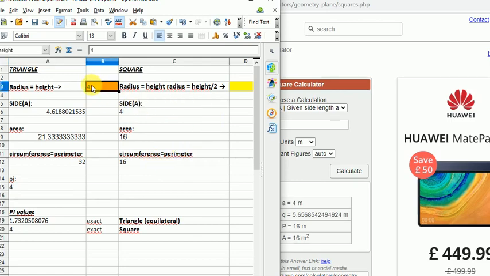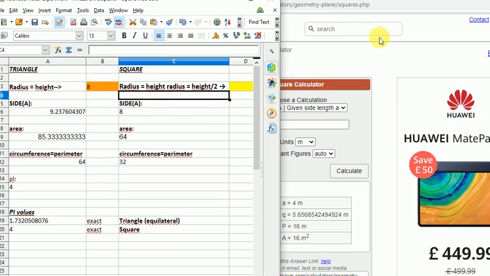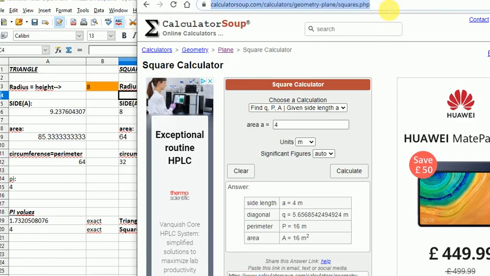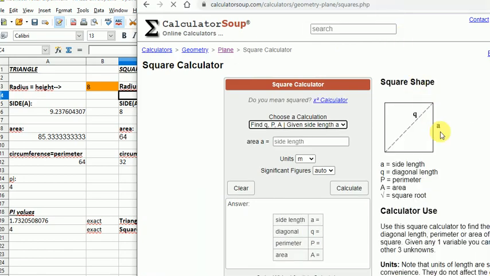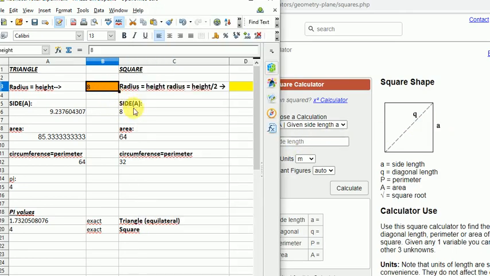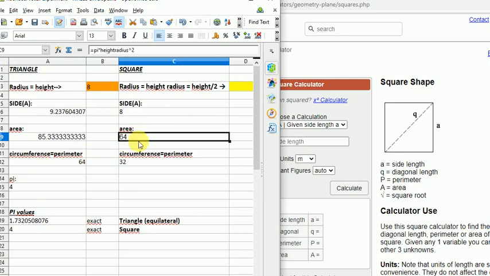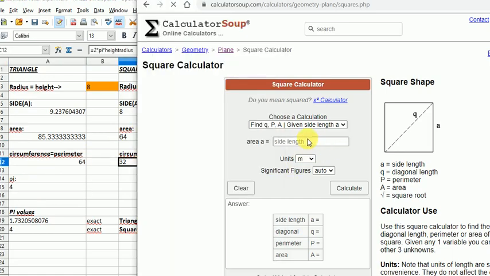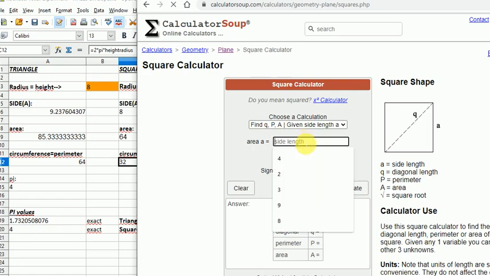If I was to change the height to, let's say, 8. Now remember, I told you that the height for squares is the side pointing upwards, A. So if I change that to 8, my formula with this pi is telling me the area should be 64 and the circumference 32.